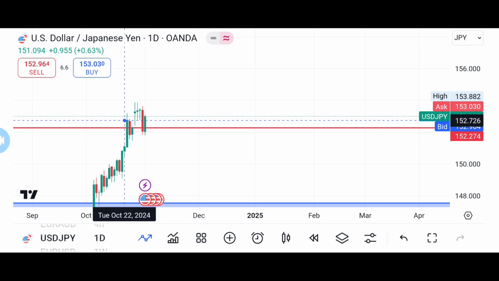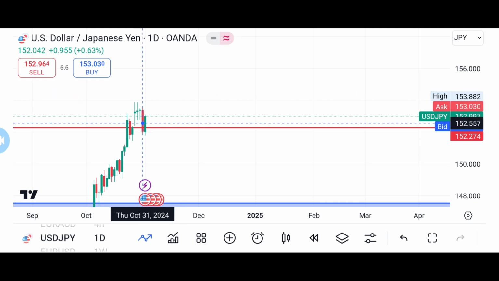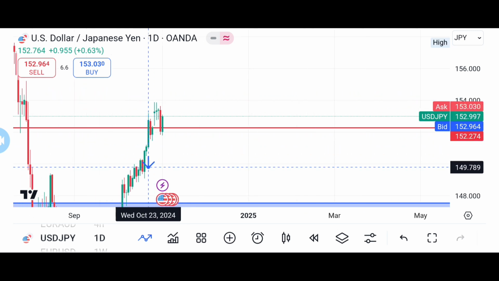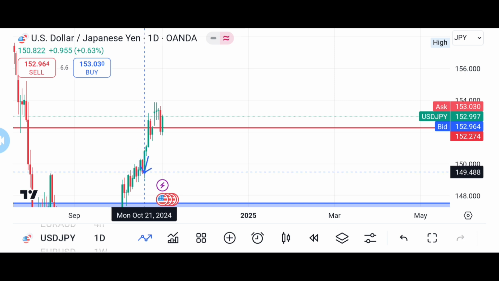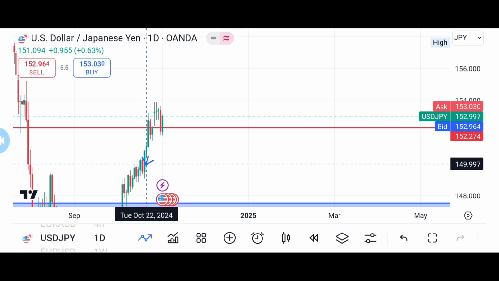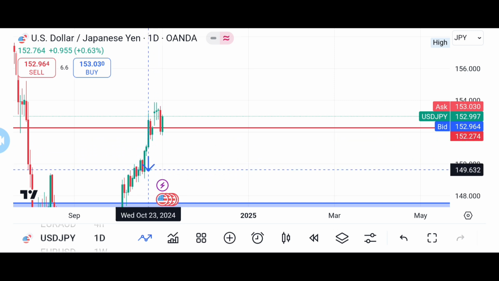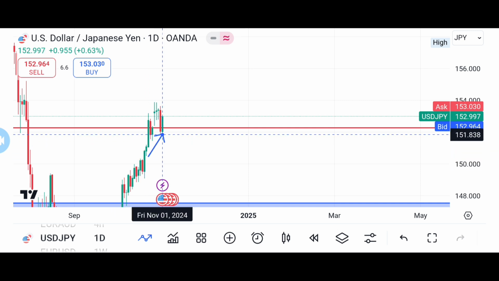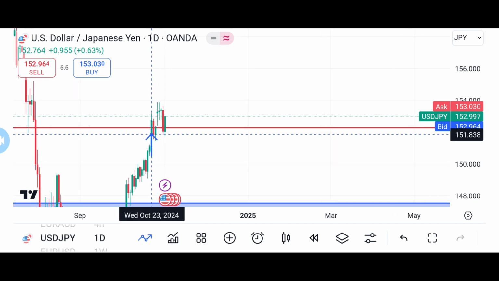The market is not going higher, and it is not breaking lower. Are we together? In daily, this is our current support, not this one. So you can see here.